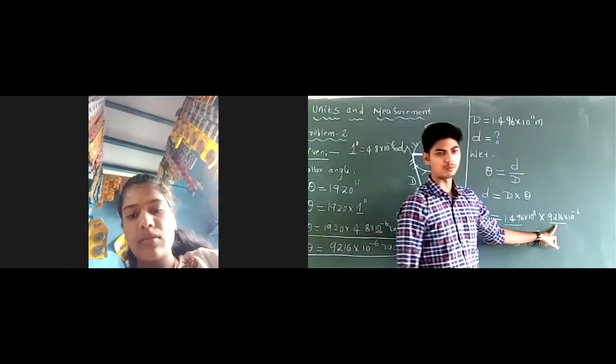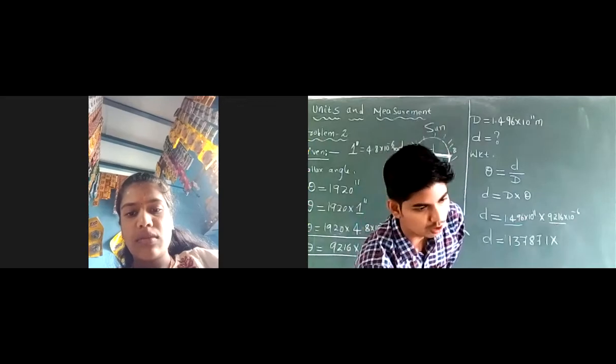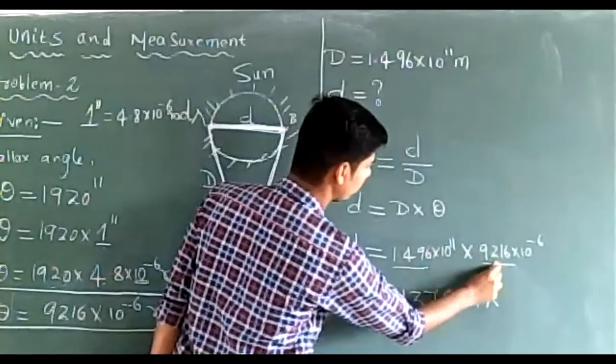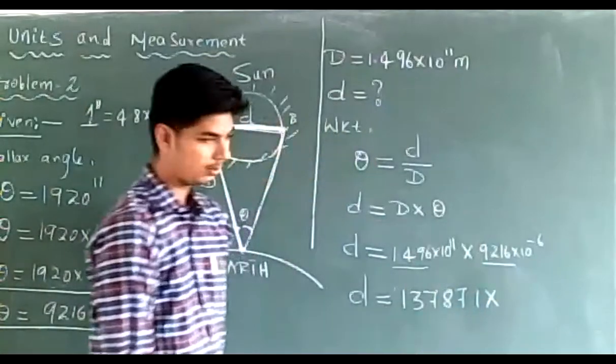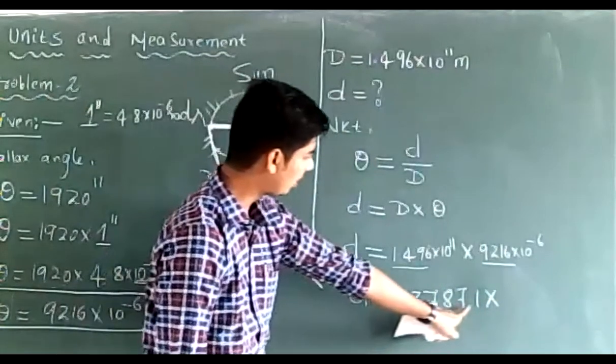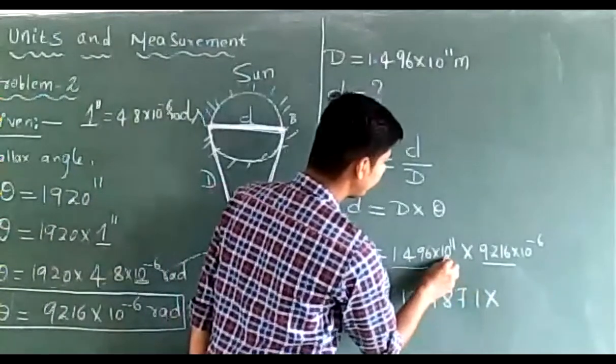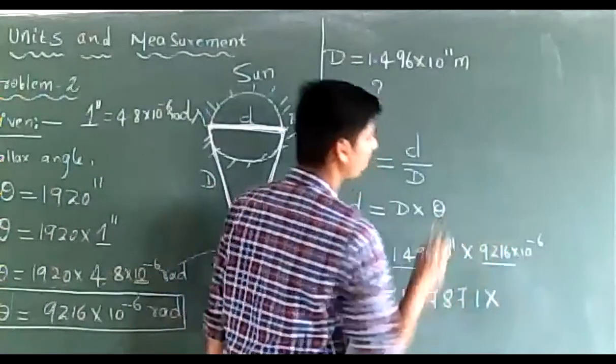Number multiplication is done. 1.496 into 9216 is done, and that comes out to be 13787.1 into 10 power 11 into 10 power minus 6, which is to be evaluated.